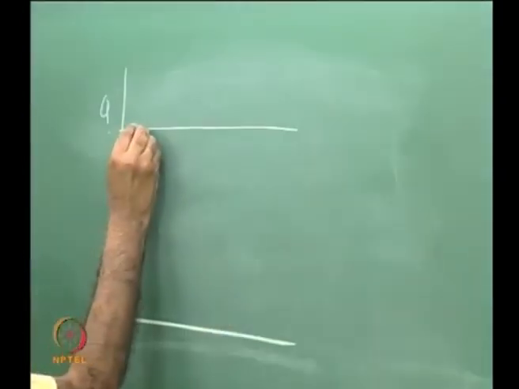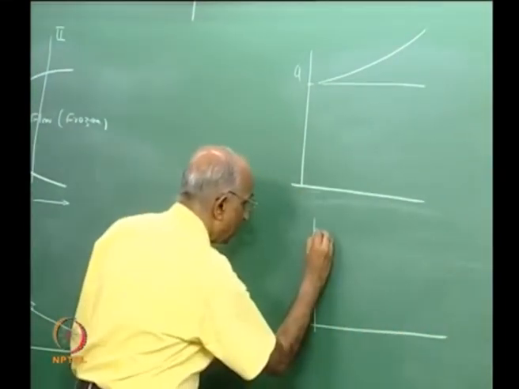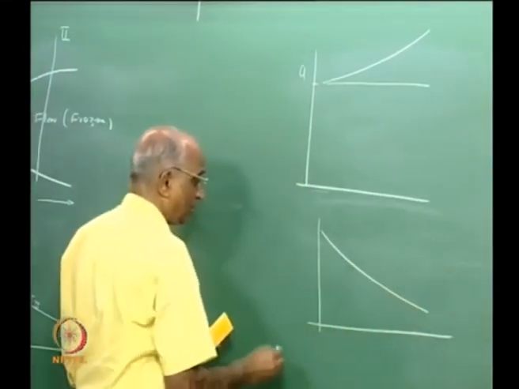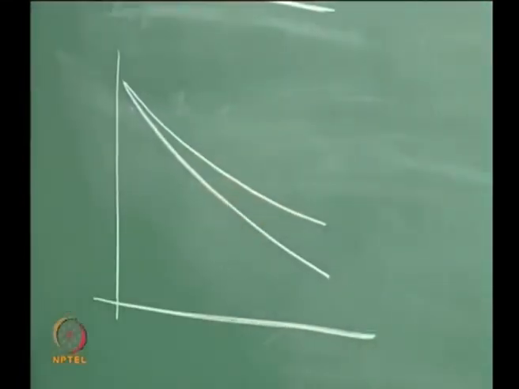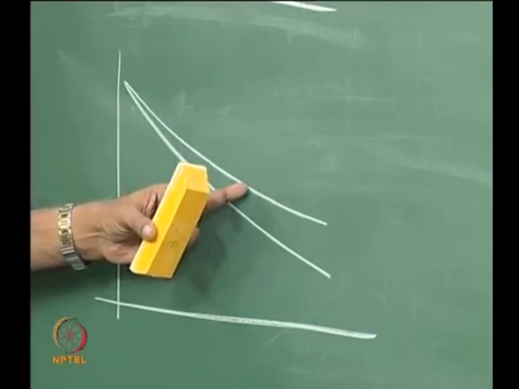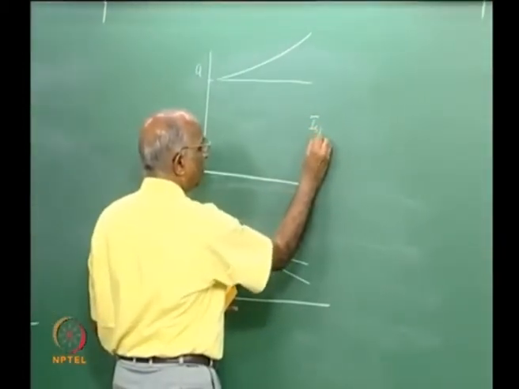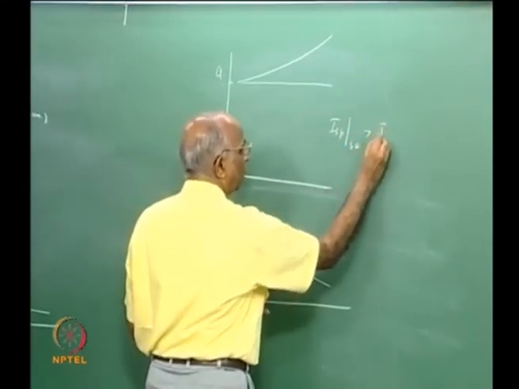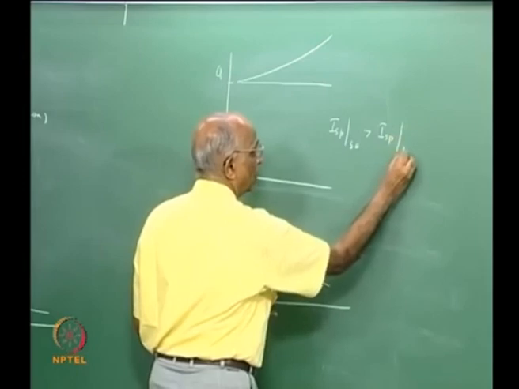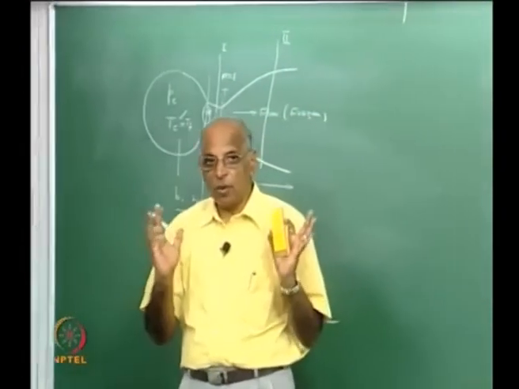In practice, because of this, heat gets released, and therefore whenever I calculated the temperature distribution in the nozzle based on expansion, the actual temperature will increase. Because the temperature has increased, my value of specific impulse Isp corresponding to shifting equilibrium will be greater than Isp corresponding to equilibrium. Is this point clear? This is important.